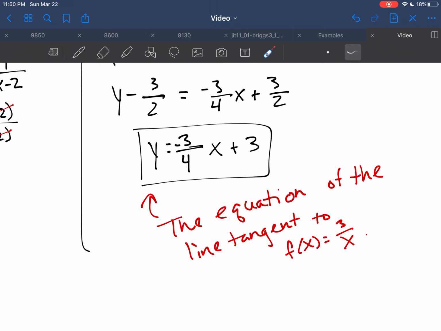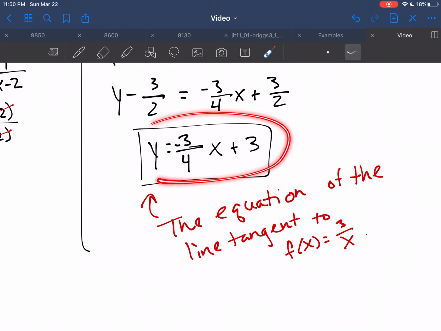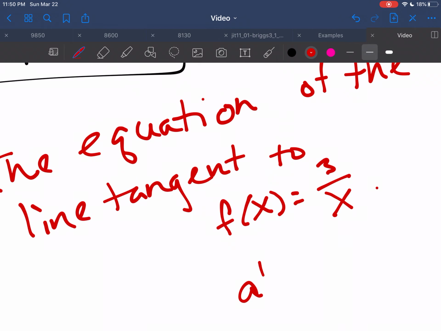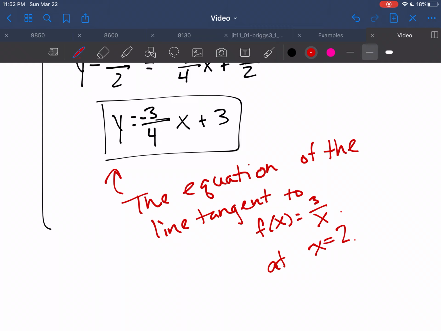Okay. Now, you won't have to write all of this out, but you do need to recognize what this line is and what this equation represents. Okay, so it's the equation of the line that is tangent to our function at x equal to 2. Okay, because that was our a value.